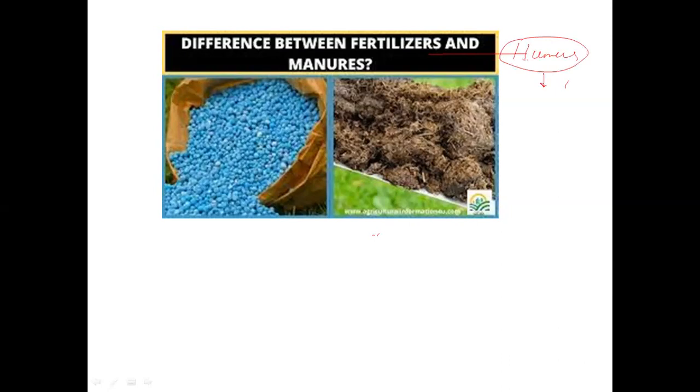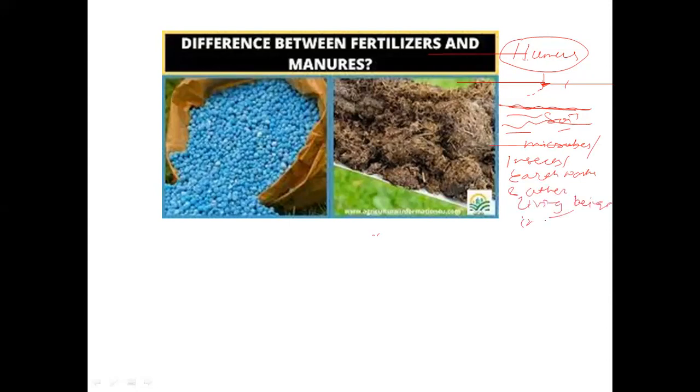You see, we're talking about adding humus to the soil, but we also need to know what exactly is humus. Inside the soil, we have certain microbes living in the soil. Microbes or insects, and there are earthworms as well, and many other living beings in the soil.